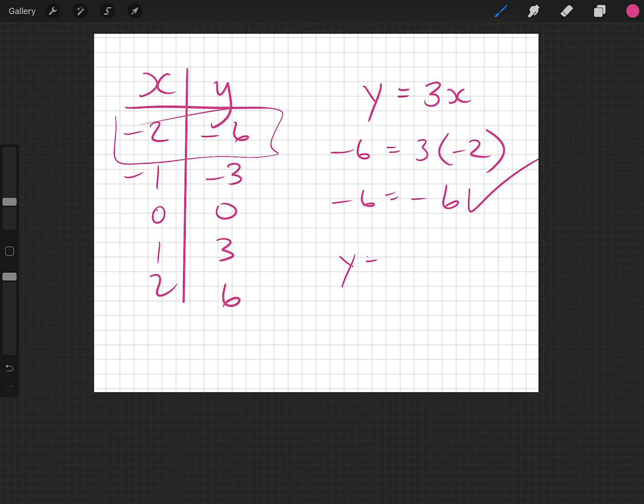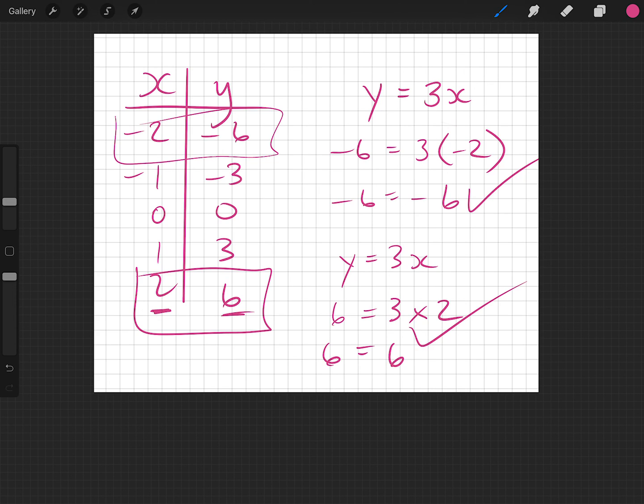Let's try the next one. 3x. Let's try a positive pair, just to double check. So y is equal to 6. So 6 equals 3 times x, which is 2. 6 equals 3 times 2. 6 equals 6. Are they equal? Yeah. So it works. Okay, you have determined the pattern.